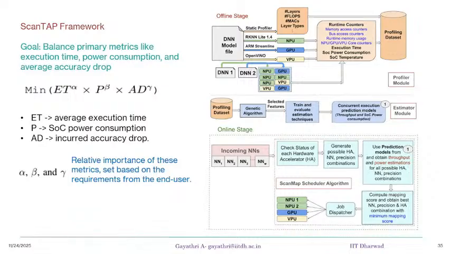Basically, we used runtime counters, the performance counters available in the hardware, which get populated based on the activity of your application. These counters are available in most hardware and characterize the compute activity as well as the memory activity, in terms of L2, memory accesses, and so on.